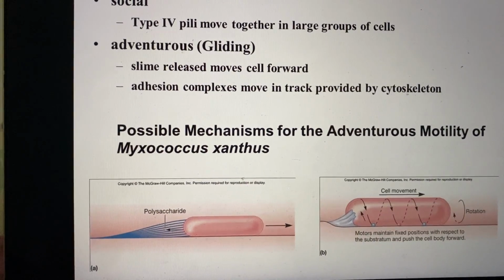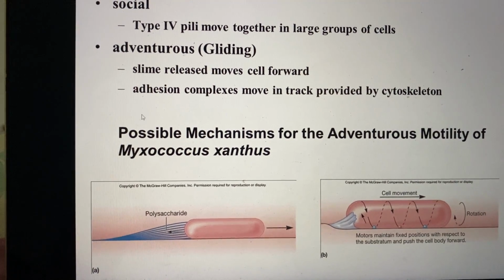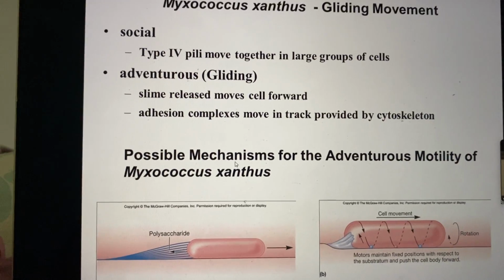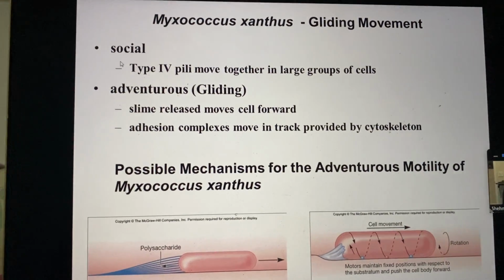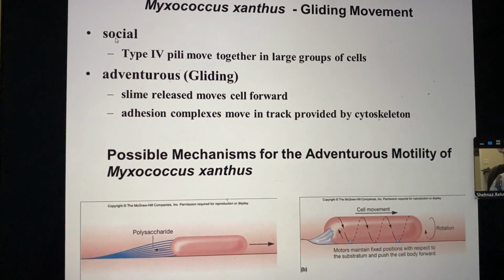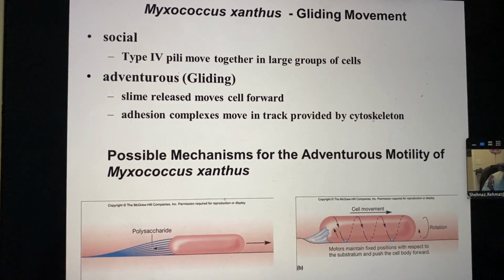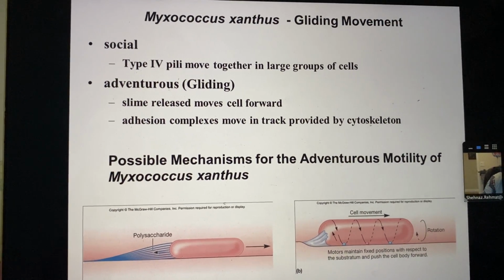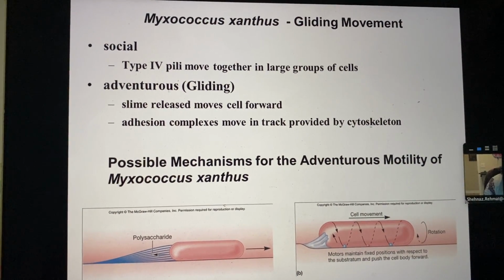And this is the one that you will be describing in the paper, where Myxococcus xanthus is a rod-shaped bacterium. It shows two types of motility. One which would be considered a social motility, it's also a gliding motility, and the other one which is also a gliding motility, but it will be considered an adventurous motility.